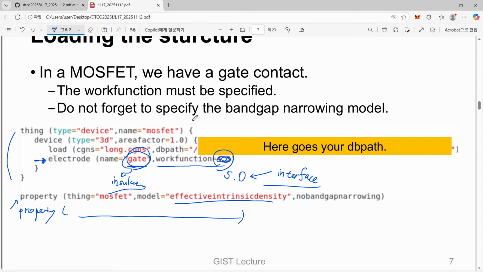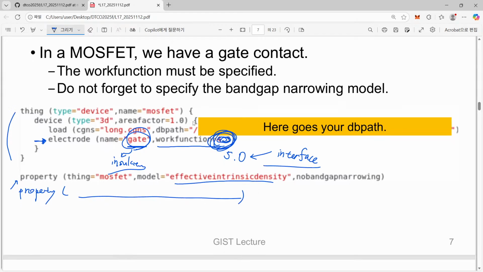If we change the work function, it just shifts our IV characteristics in parallel. So without calibrating the work function properly, we are never able to match the observed IV characteristics. So we should allow the freedom to calibrate the work function here.